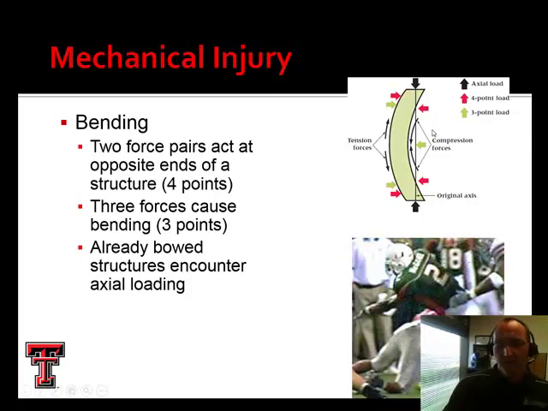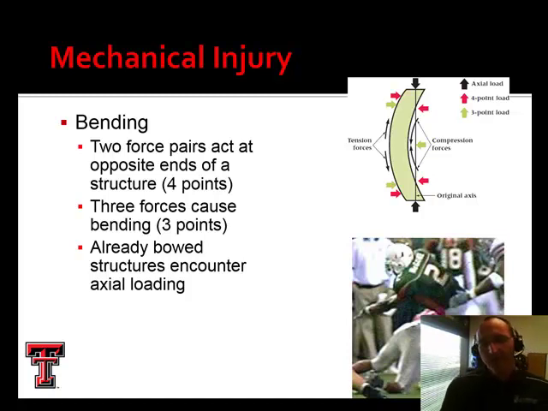And what you see here is an axial load. Imagine you're trying to support the weight of a 5-pound plate using a soda straw. You're going to have load on top, you're going to have the fixed base at the bottom, and eventually that straw is probably going to crush and collapse.